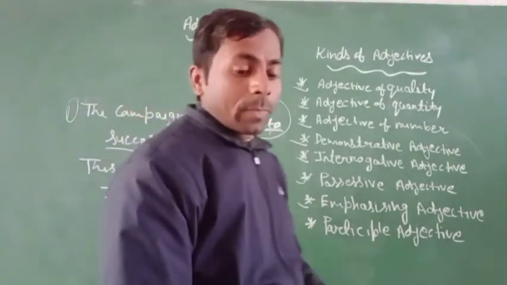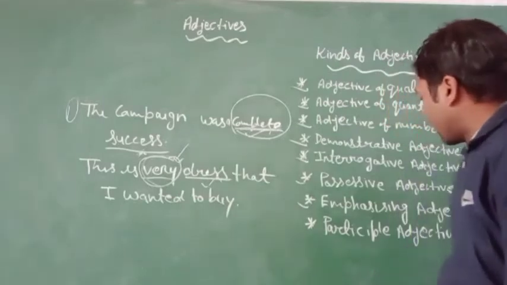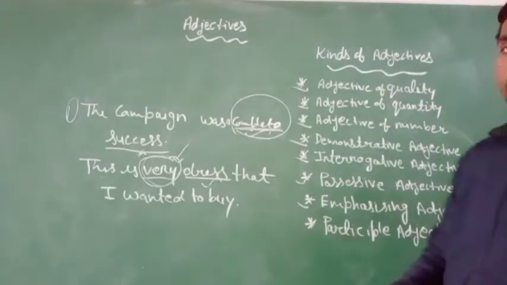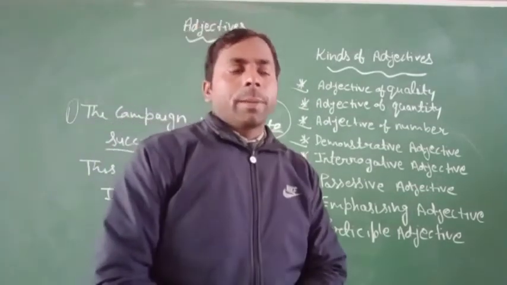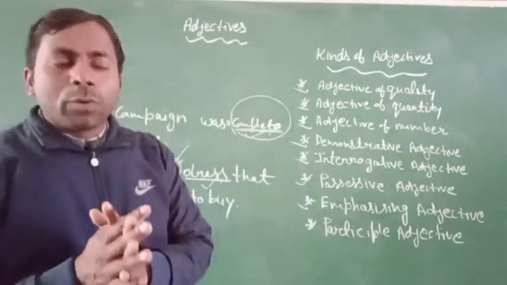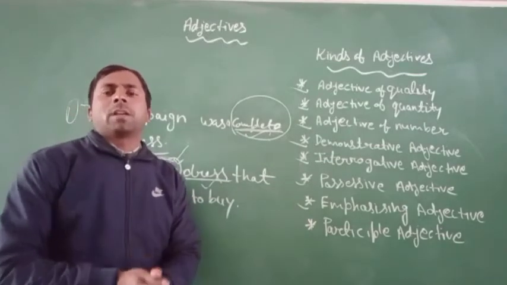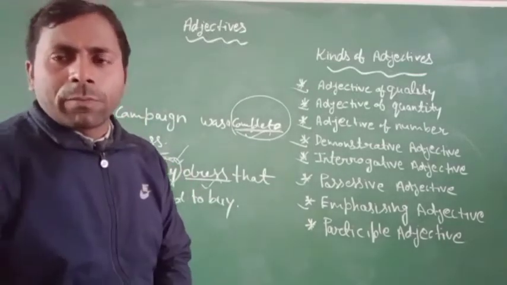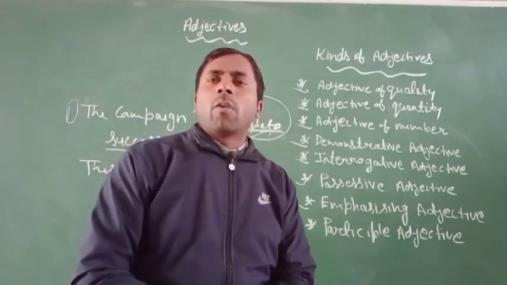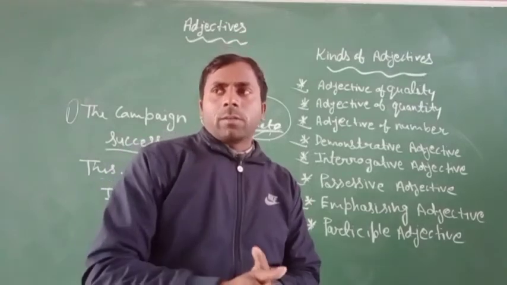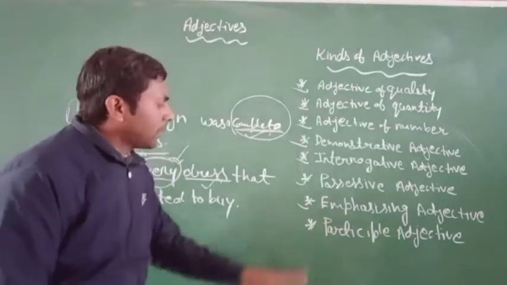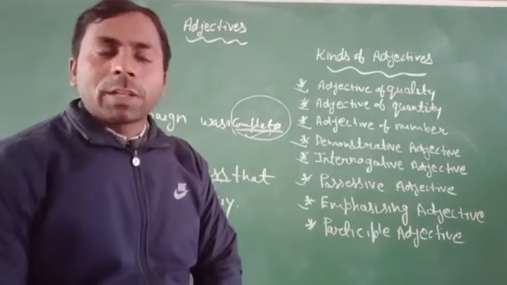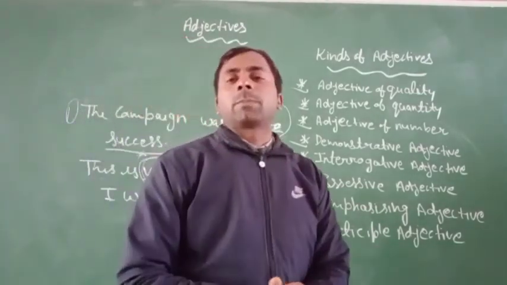Clear? Now the next part is participle adjective. I think you know very well about the participle from the previous videos when I told you about the verb. First, let us know the definition of participle adjective.